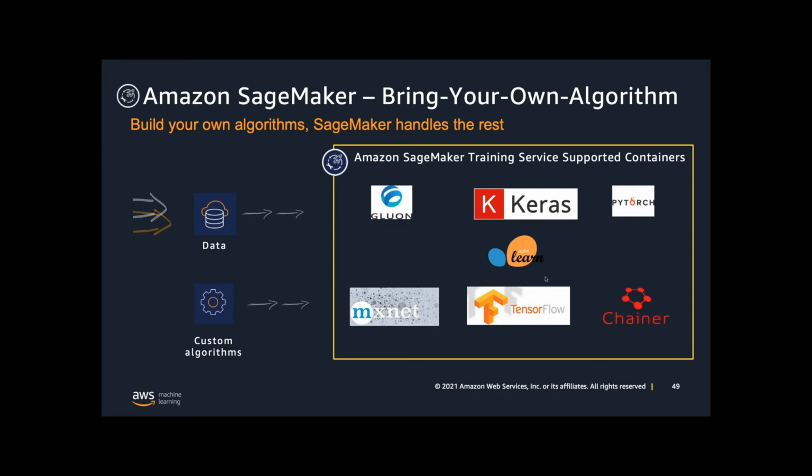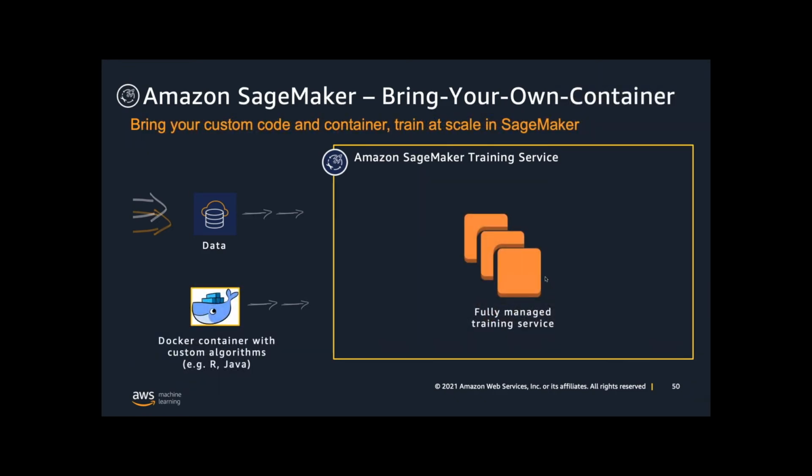For example, if your algorithm is quite complex, or you need special additions to the framework, or you need to mix and match with some external frameworks or something that you want to manage yourself. That's where bringing your own algorithm and creating your own container comes into play and is going to be useful, right?